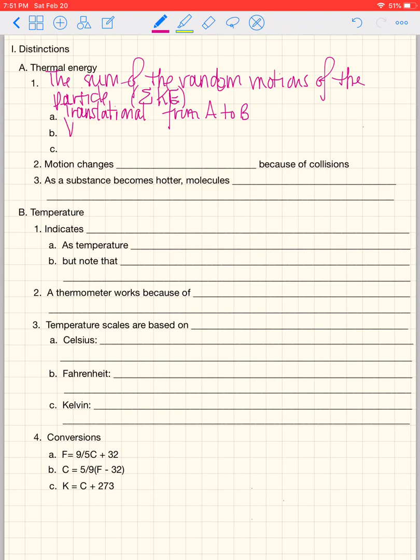The next one is vibrational, which you'll remember vibrational is back and forth across the center line. And do you remember what the last one is? The last one is rotational.